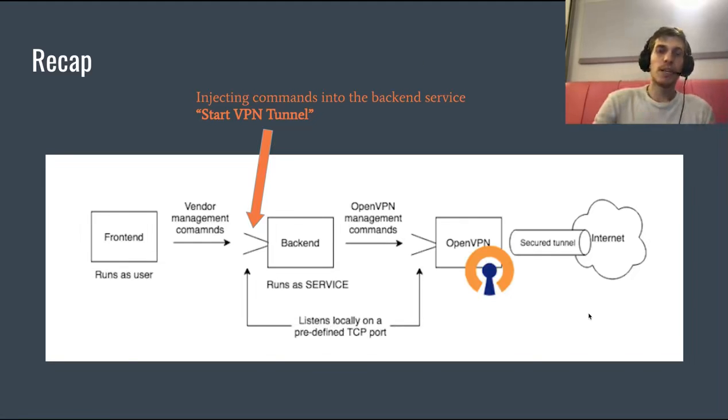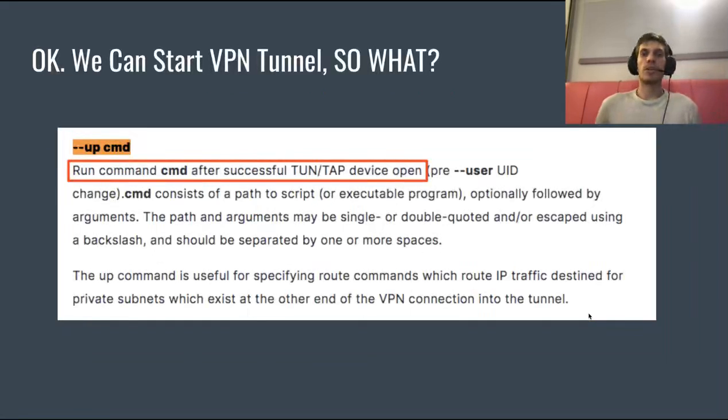Okay, so you might ask yourself, so we can start an OpenVPN tunnel, so what? If we can control the VPN tunnel with the configuration, there are a couple of very interesting configurations that we can use. For example, the up command allows the configuration to consist of a specific command that will be executed once the TUN or TAP devices are open.